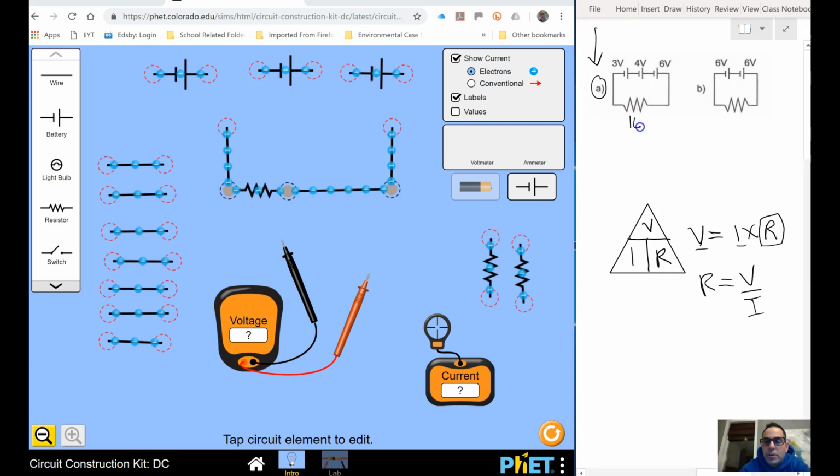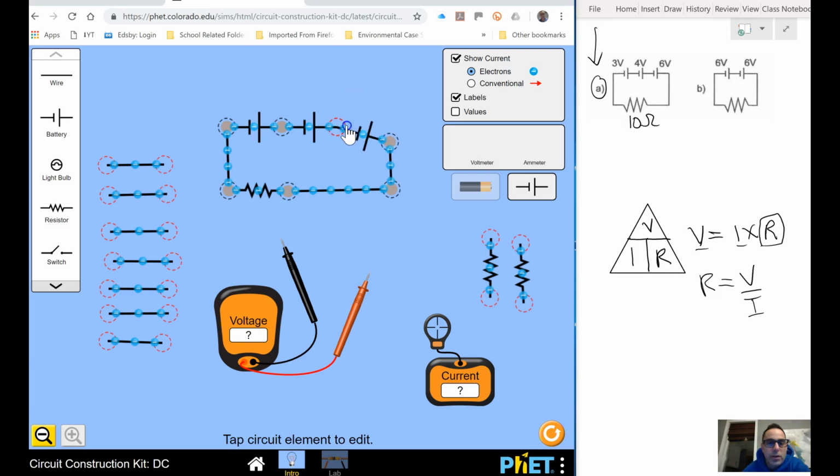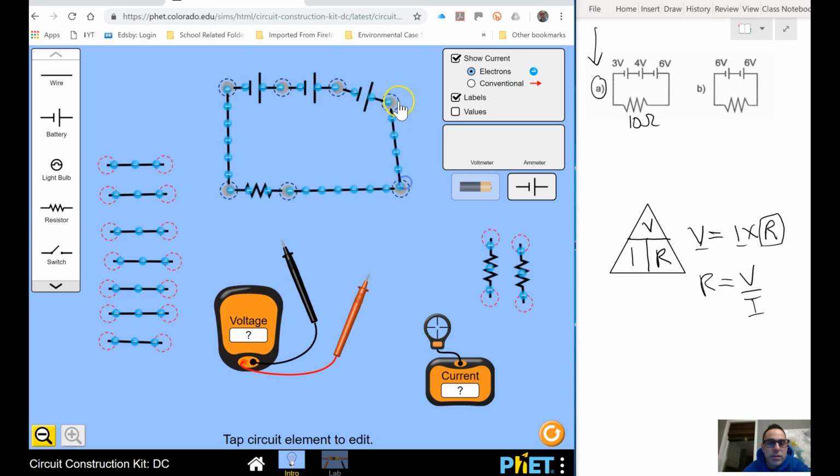I've put a 10 ohm resistor in, and we've got a little animated simulator right here. So I'm just going to pop this all together, and we can actually watch the flow of electrons. And we can see that the electrons are flowing from the negative to the positive side.